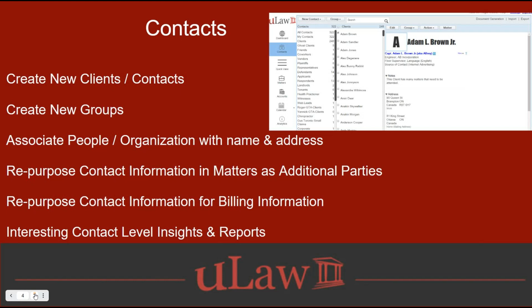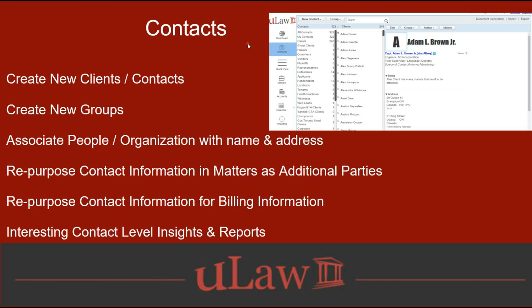Whether it's a criminal matter, or, for example, a witness to an accident, or maybe a police officer, or a health practitioner who's involved. There are two major reasons why we do that: associating contacts to additional parties.